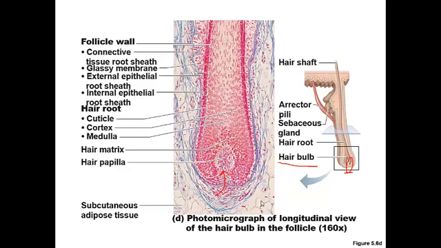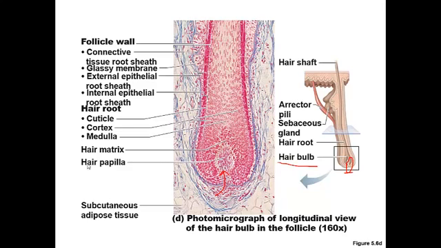And the hair bulb is going to be surrounded by hair follicle receptors, which is the hair root plexus, and the word plexus is referring to a group of nerves that surround the hair bulb in this case. This would be responsible for the nerve sensation that you feel if somebody were to pull on your hair.